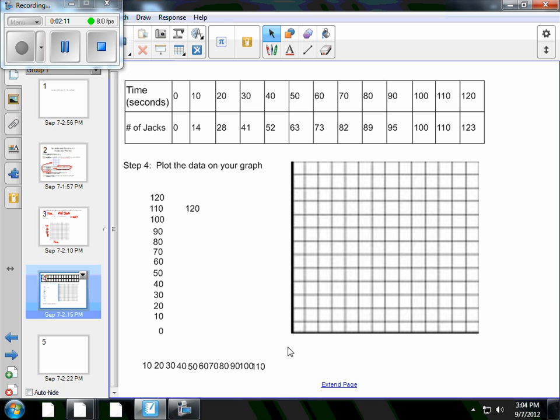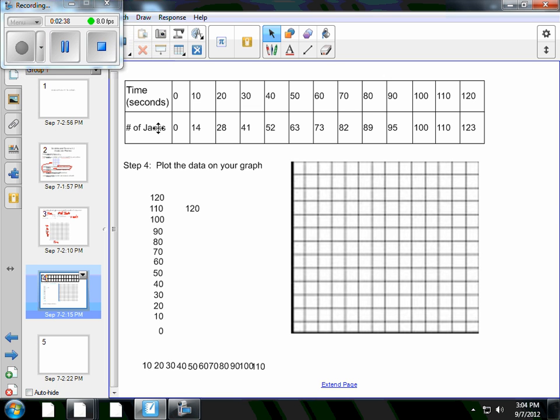Obviously, we start at 0 for each one of these, and we make sure that we actually start the graph right down here with a big 0. But then our time goes up to 120. And what's nice about our time, it actually goes up by tens every single step. So we're actually going to go up by tens every single step. But we have to make sure that we go up to 120.